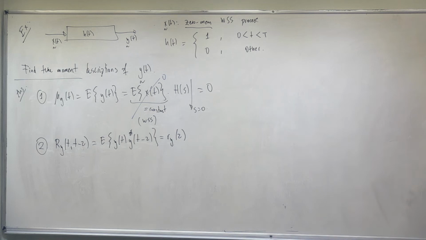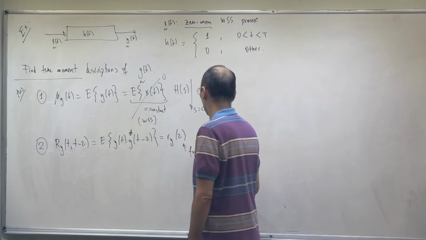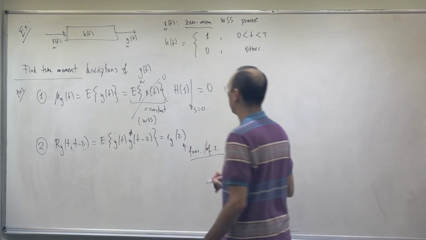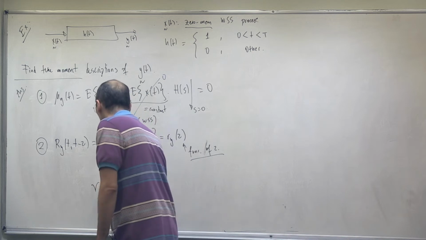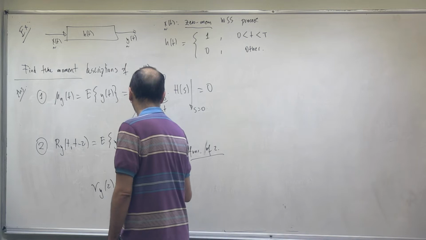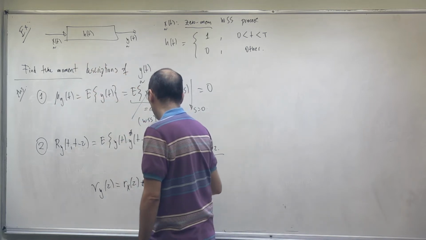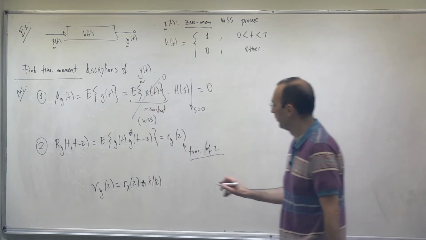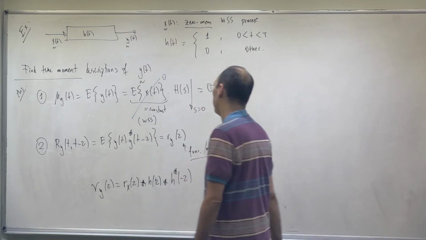This is a function of tau only. No problems. We have derived this in the earlier hour. And furthermore, I know that Ry of tau is equal to Rx of tau, the input process autocorrelation, convolved with h of tau, the impulse response, convolved with h conjugate minus tau.